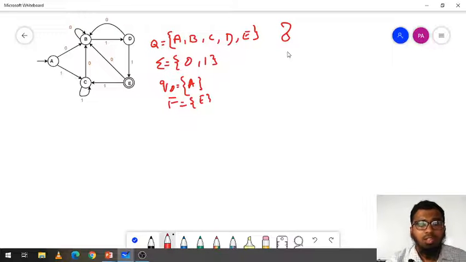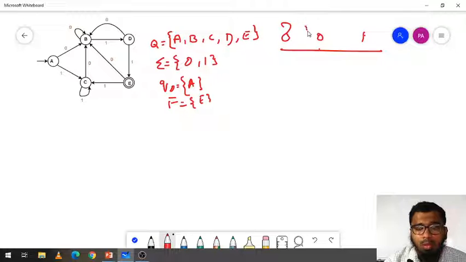We need to make a table with 0 and 1. Initially, we will make a transition table, then it will be easy for us to change to minimization of DFA.